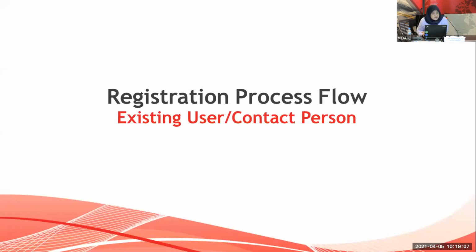If you're using the same ID, the same email, we migrated your details. So you don't have to do any new registration. In fact, the company profile also we migrated. You don't have to register as a new company. So this is the process flow for existing user or existing contact person.